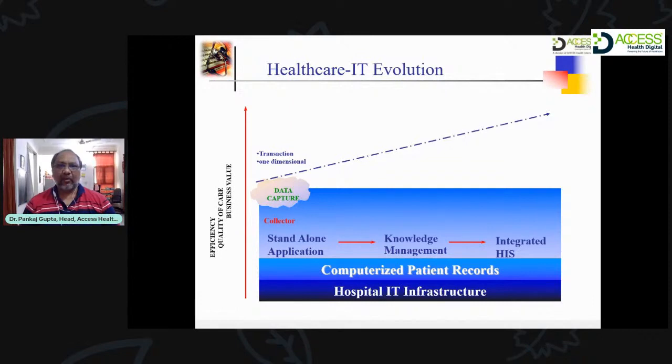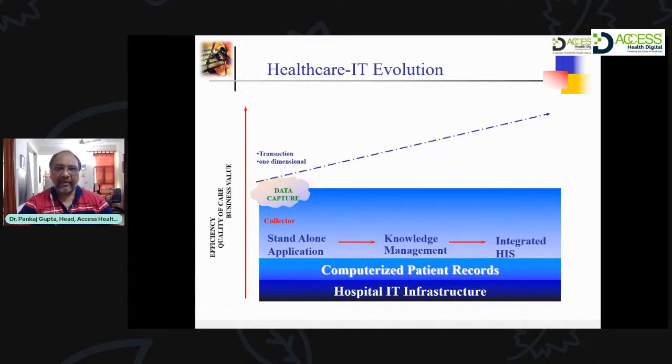These are one-dimension data capture. The data is captured from the district and sent to the directorate, and then they really don't do anything much. So these are collector systems, very basic systems that were developed in the past, and they continue to exist.